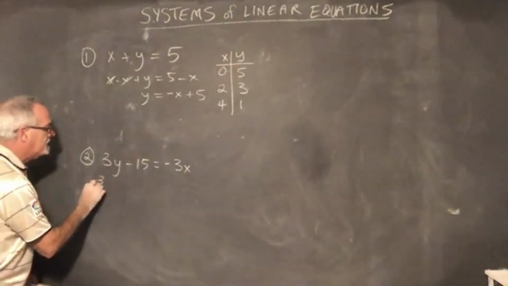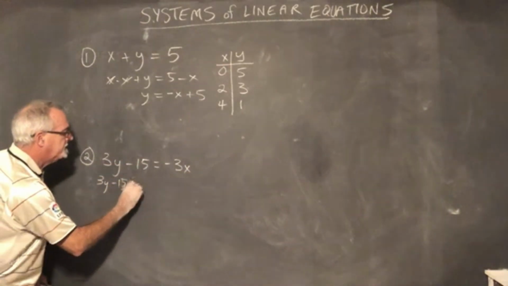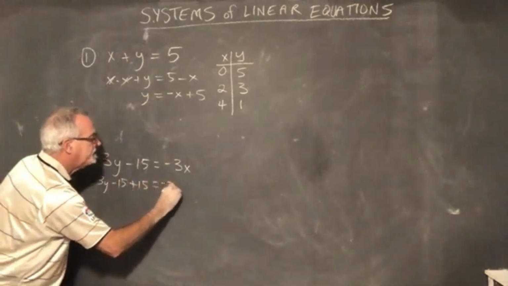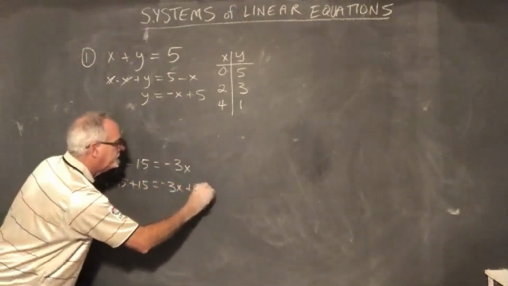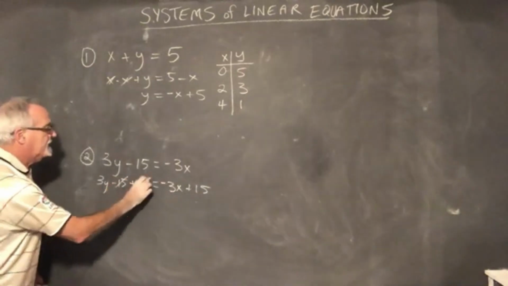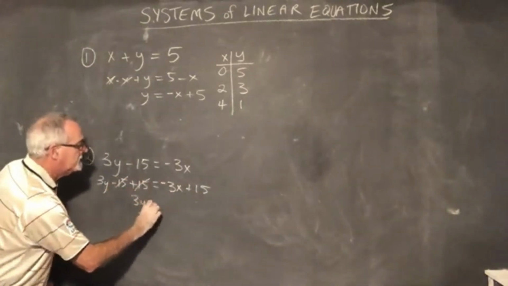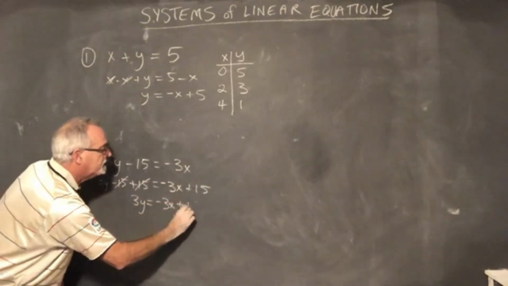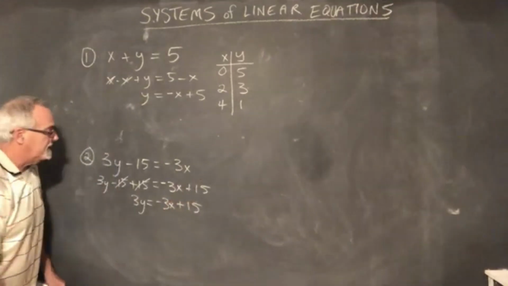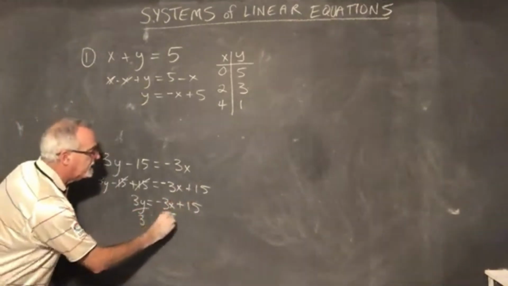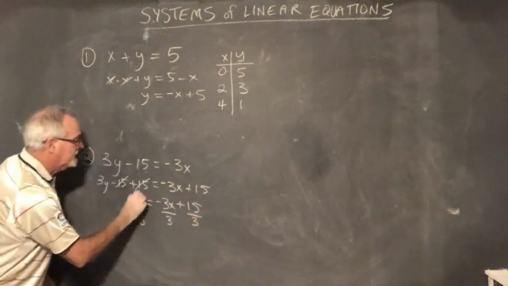So I'm adding 15 to both sides. These cancel. 3y equals negative 3x plus 15, but my y is not isolated yet. I have to divide everything by 3 so that I can cancel these.